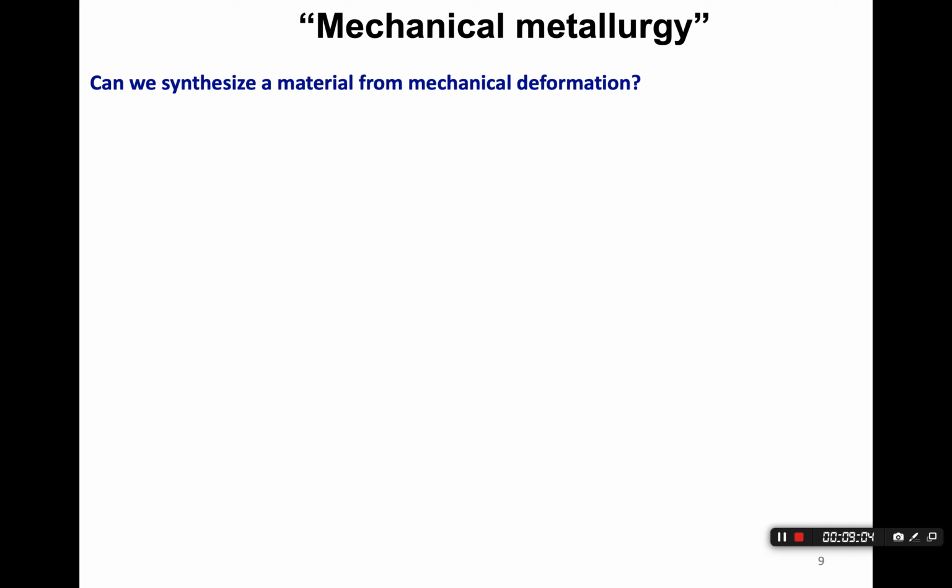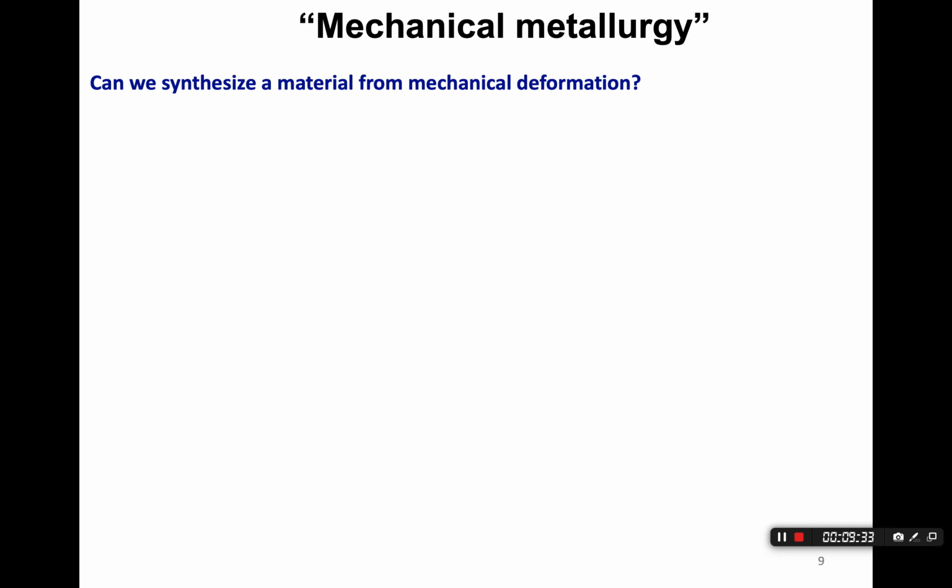Mechanical metallurgy, coming from the metallurgy industry, refers to the triggering of phase transition by mechanical deformation. This gives us a hint: can we do some kind of mechanical deformation to ceramic materials, even though mechanical metallurgy is typically used in the field of metals and alloys because they are super plastic, so the mechanical deformation is going to work.